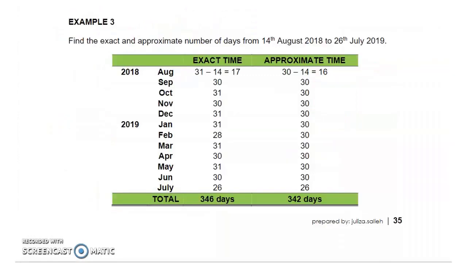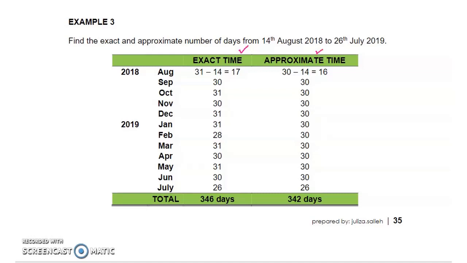Okay, now let's look at this example on how to find the number of days if two dates are given. Find the exact and approximate number of days from 14 August 2018 to 26 July 2019. We want to find the exact time and approximate time between these two dates.